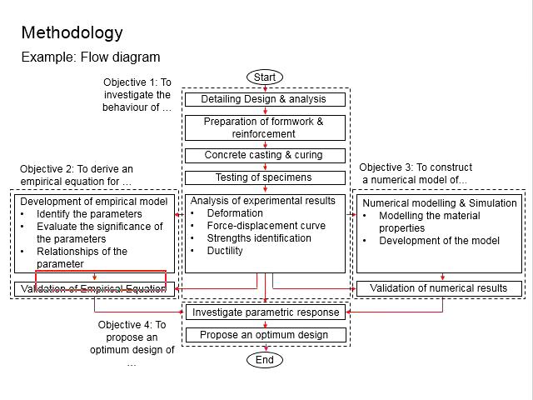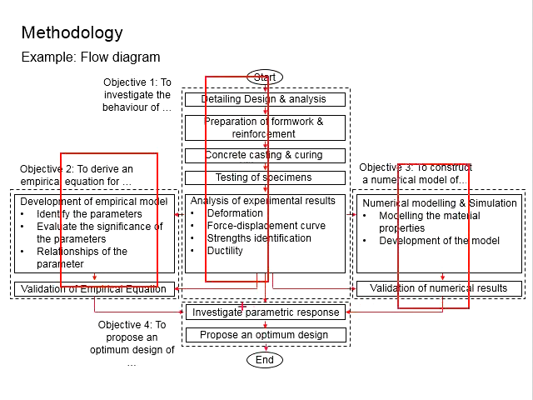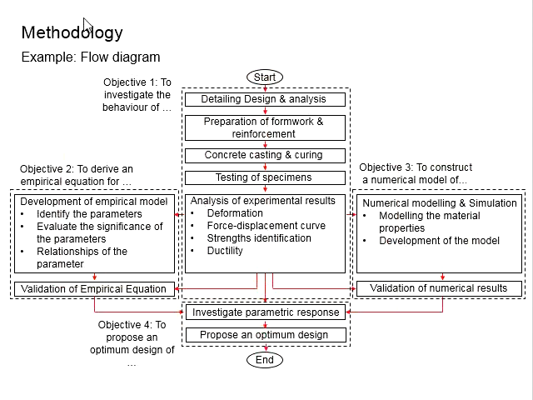And you have checked the reliability of those models. Now you would like to investigate the behavior of the specimens. All these 3 methods here will bring you some meaningful information in terms of the behavior of the specimens.